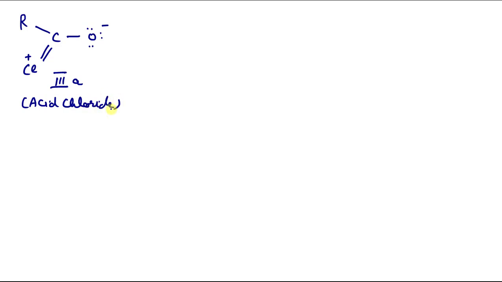For anhydrides it will be R-C(O negative)=O positive-C(=O)-R'. Let us give it number 3B.